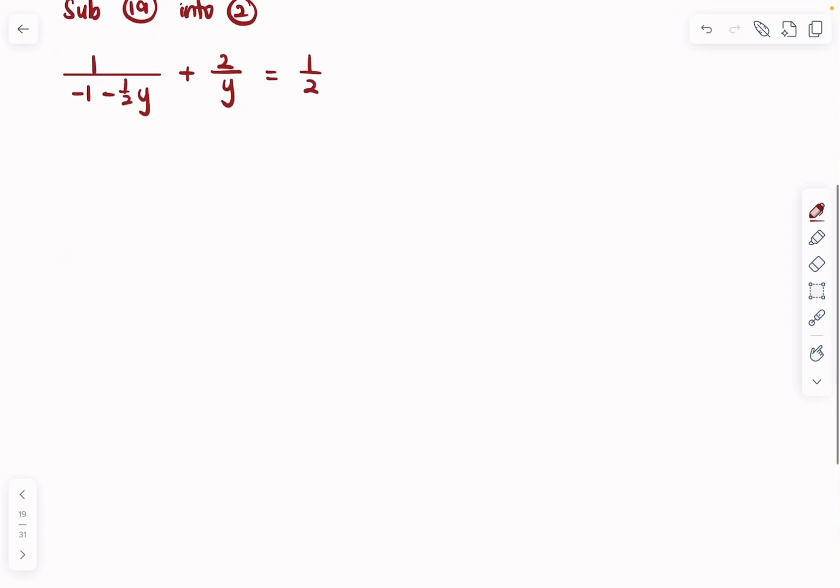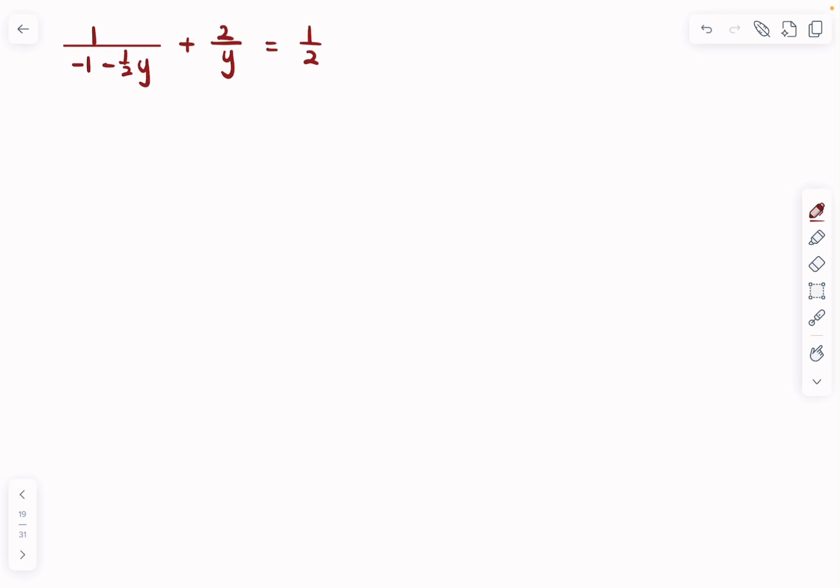From here, the easiest way to solve this is to bring this over here. So we get 1 over 2 minus 2 over y. Here we have different denominators, so cannot minus. What we do is we make the denominators the same.